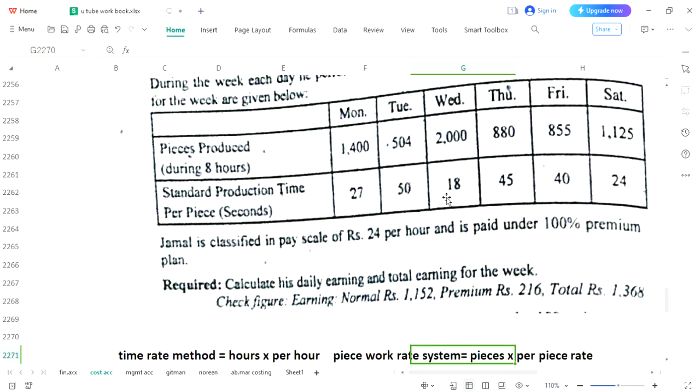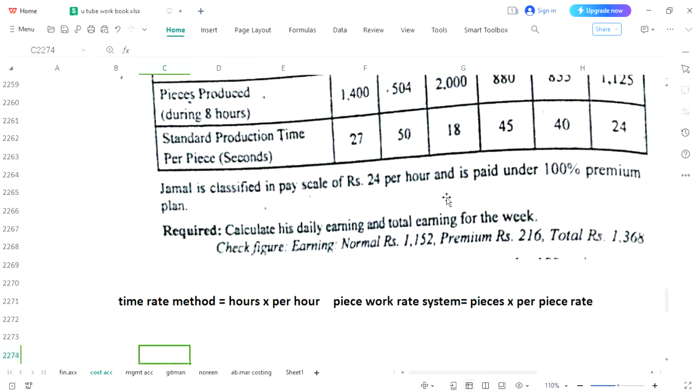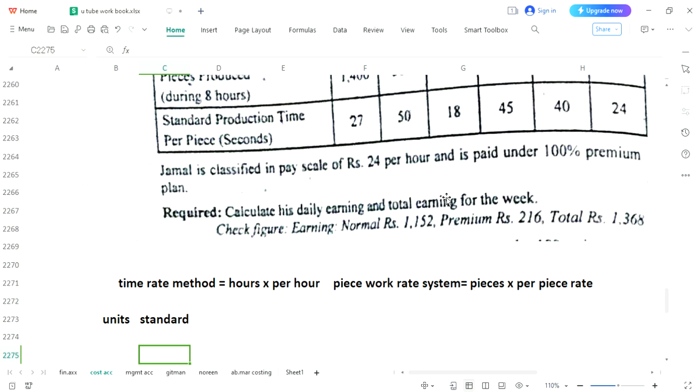So we will start our question by arranging the data. It's important, though it has already been written over here. First, we will mention how many units are produced and the standard time. What was the standard? And then we will see something else. First, we will be following this data. Number of units were 1400.